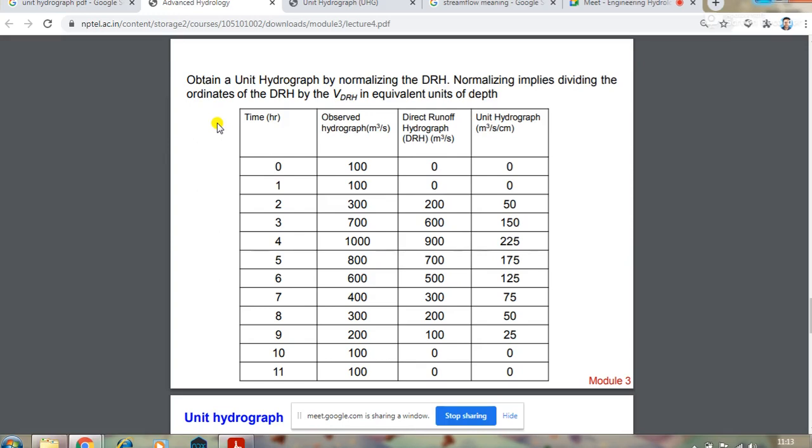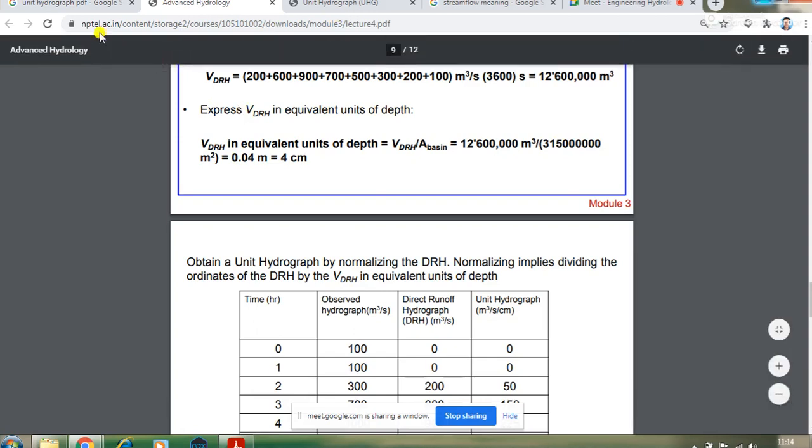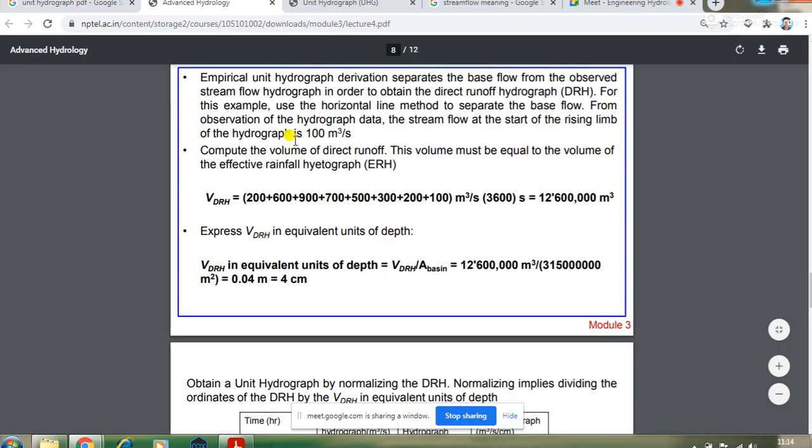On the right hand side, another column is prepared for the direct runoff hydrograph, which is 0, 0, 200, 600, 900. These are the values that you have added in the previous step. These are the direct runoff hydrograph values given over here.